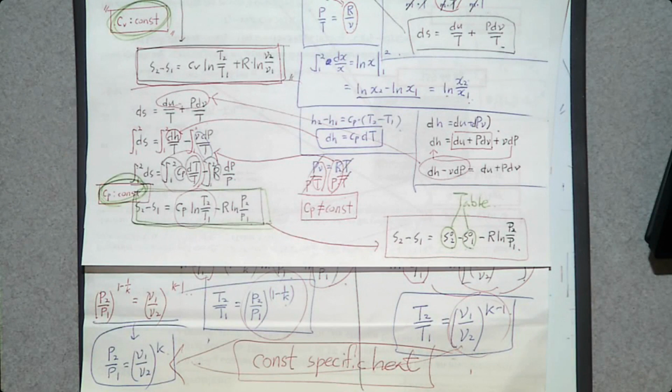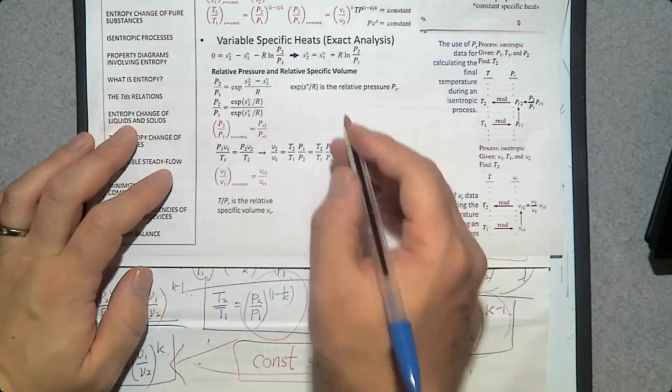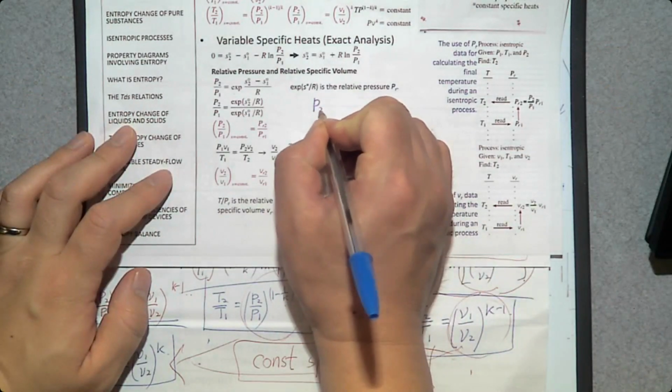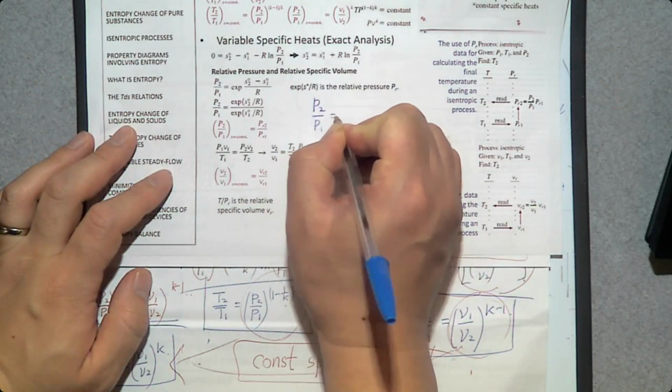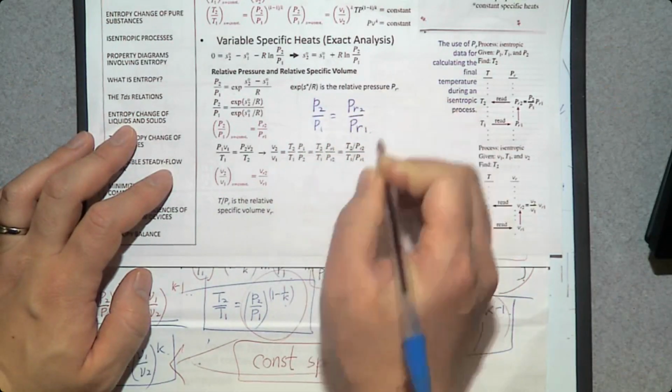Then what about another isentropic process, but you cannot assume constant specific heat? That's a problem, right? Then let's see what we can do. Variable specific heats. If you have variable specific heats, you can use this relation. P2 over P1 is going to be PR2 over PR1.